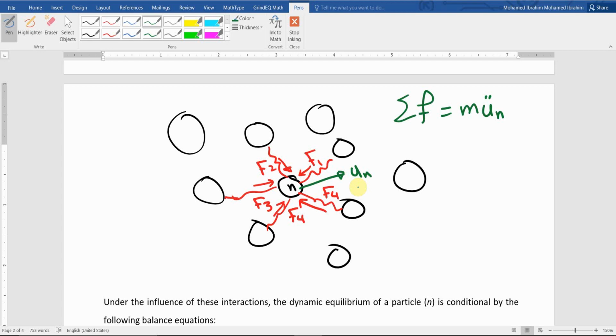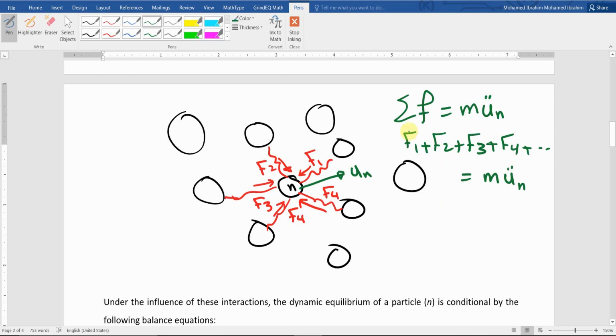So we have the mass times the acceleration. This is Newton's second law. And the sum of forces: we have so many forces, F1 plus F2 plus F3 plus F4 plus whatever, all the forces, should equal the mass times the acceleration, which is un double dot.